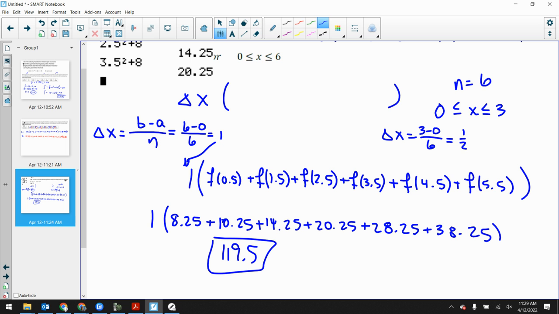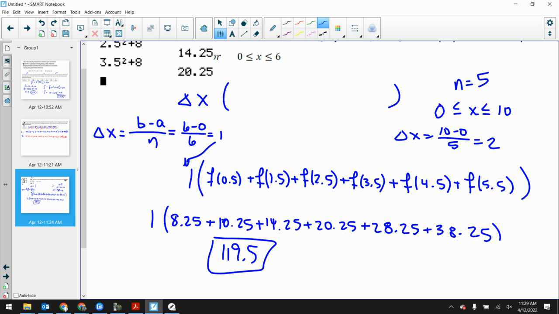On the flip side of that, if I'm going from 0 to 10, and I wanted just 5 strips, now that means my delta x is going to be 10 minus 0 over 5.